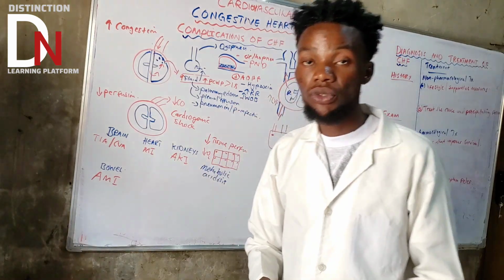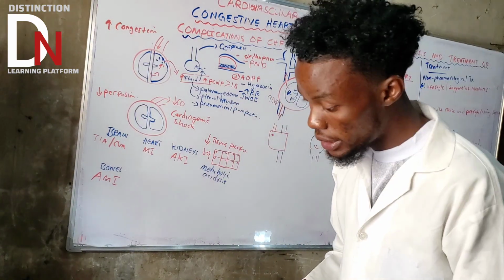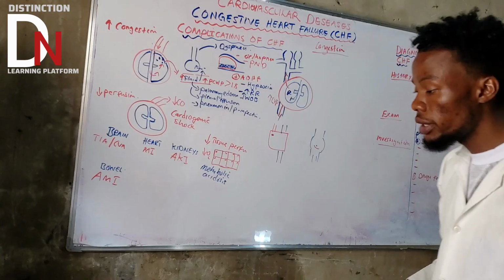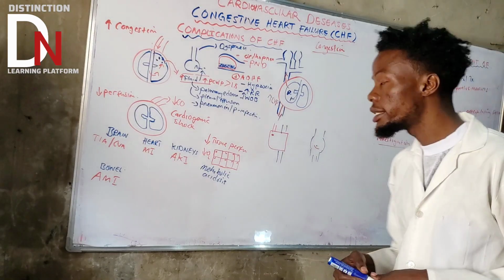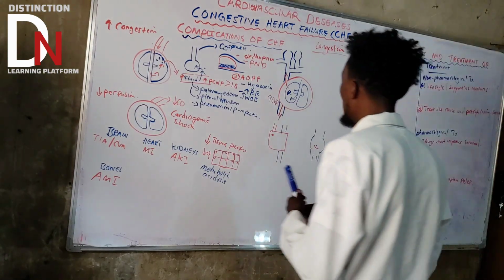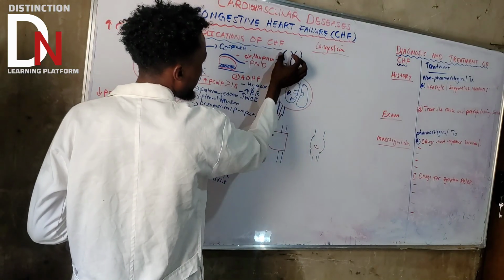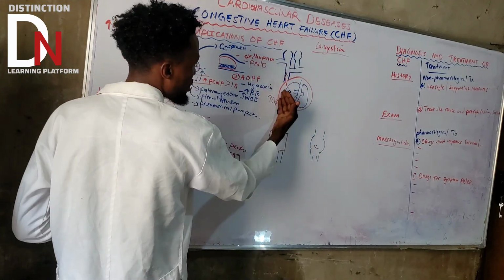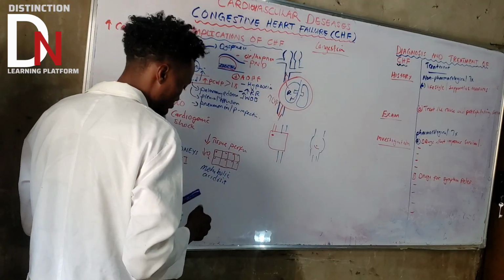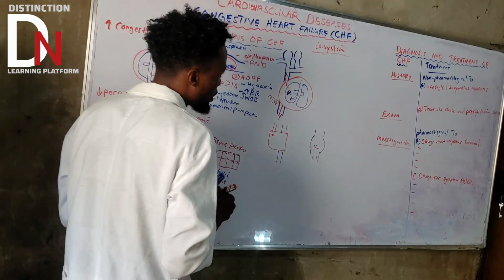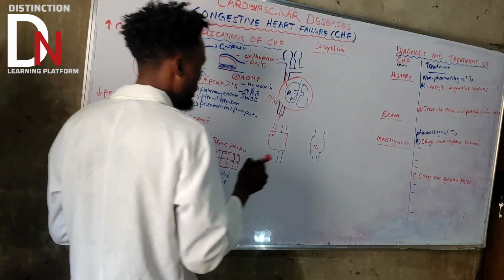The first clinical feature, which we call distended jugular venous distension, JVP. As you can see, these jugular veins are extended due to this backflow of blood into the jugular vein. So what is that clinical feature that you can see from the patient during an exam?